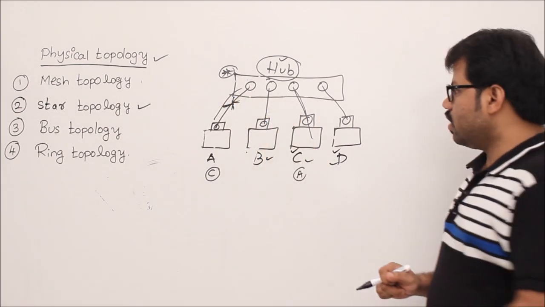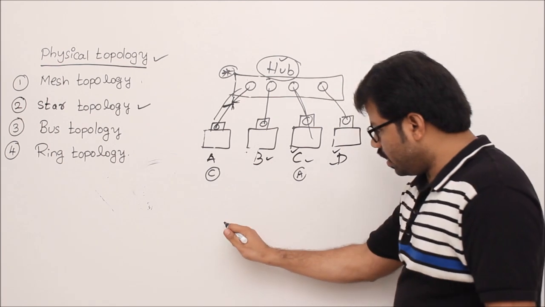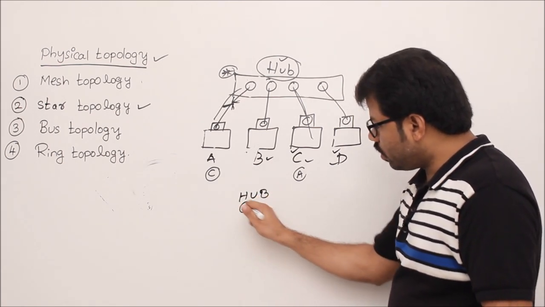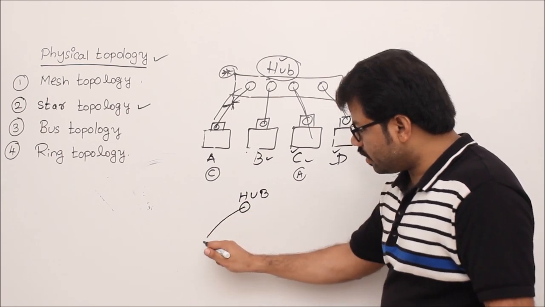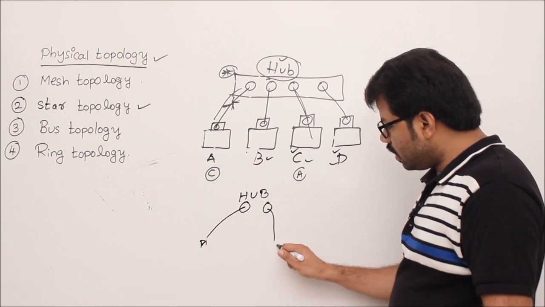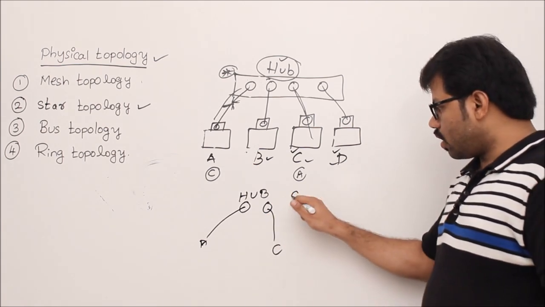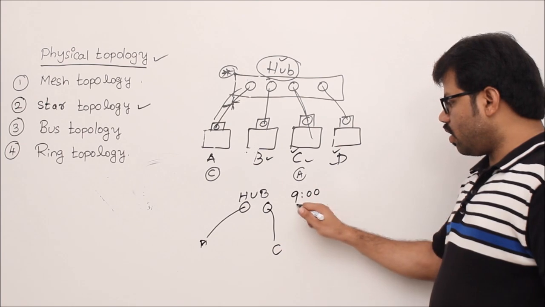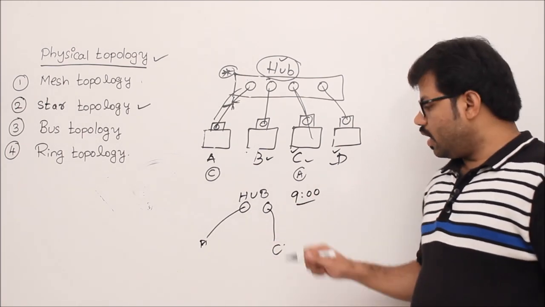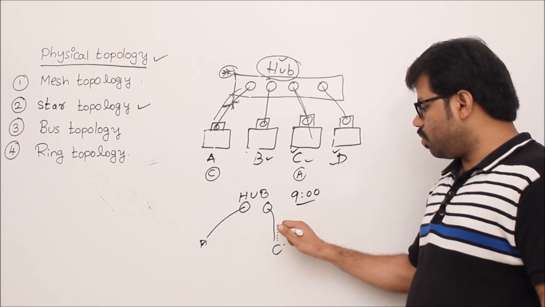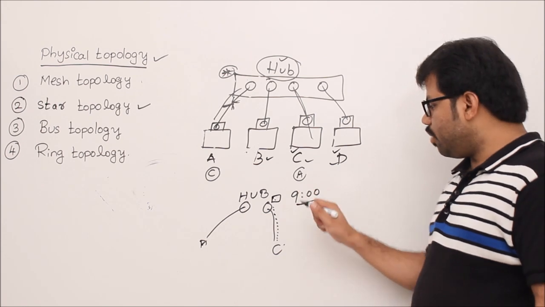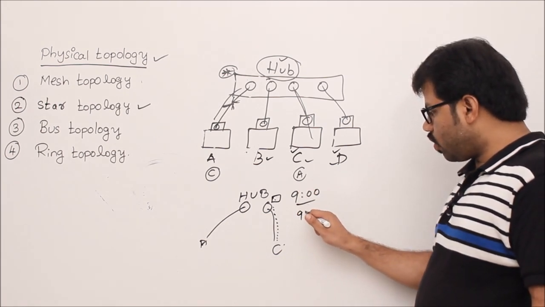You are understanding? So clearly I will show here, this is your hub. This is one port and through that, let's say A is connected. Now through another port, let's say C is connected. Now I will tell this with time. At 9 o'clock, what happened? C just sent a message to A. Slowly through this cable, that message reached the hub. Immediately the hub will relay it. So the relaying time is 9 o'clock 5 minutes.